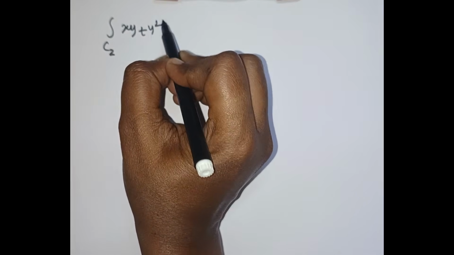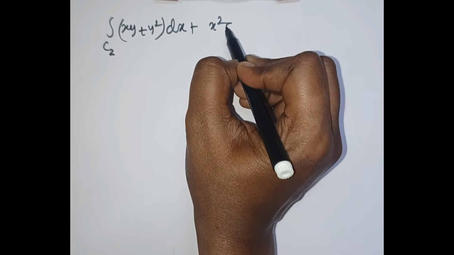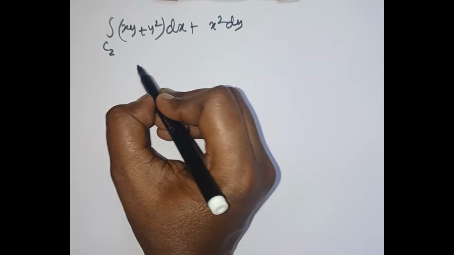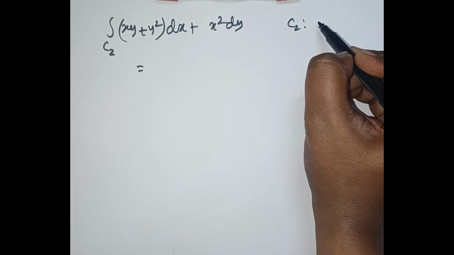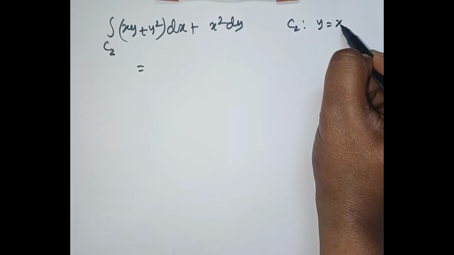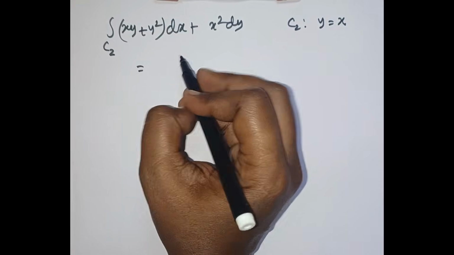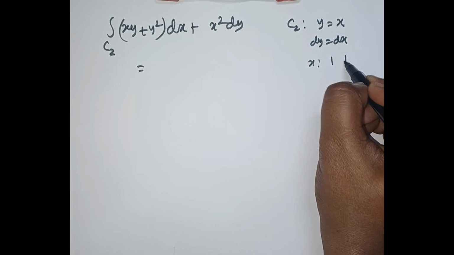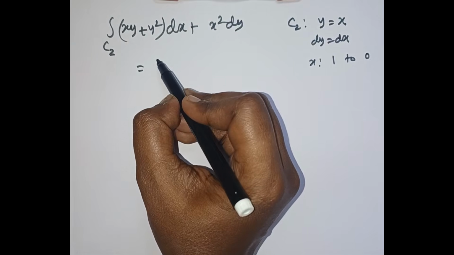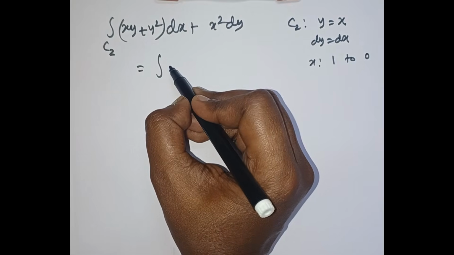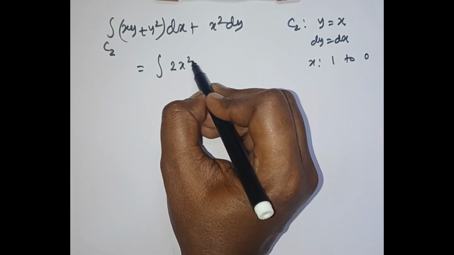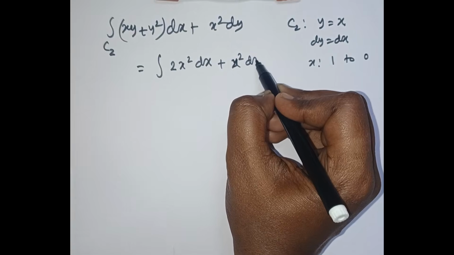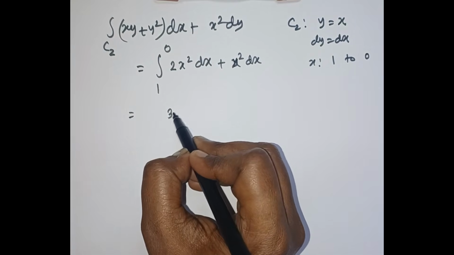So if you want to solve along C2 or A to O, then the integration is this, and along C2 the equation of the line is y equal to x and then dy equal to dx, and x will be going from 1 to 0 because we are going from A to O. So if we put the values y equal to x and dy equal to dx, it will be 2x square dx plus, not y square, this is x square dx, and x from 1 to 0.